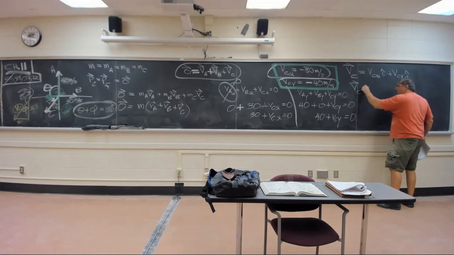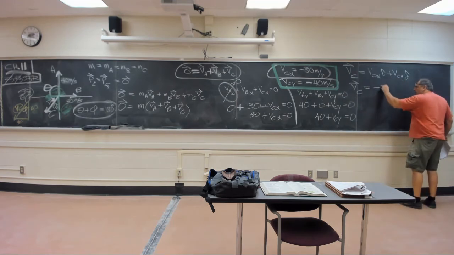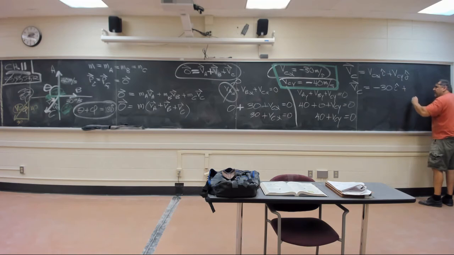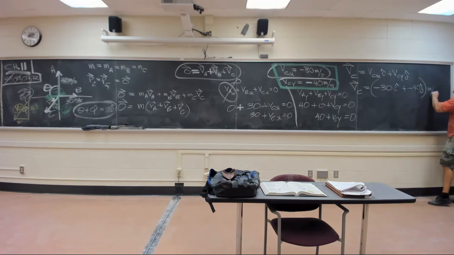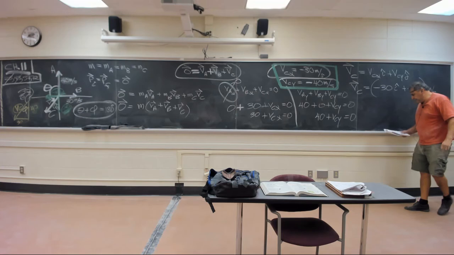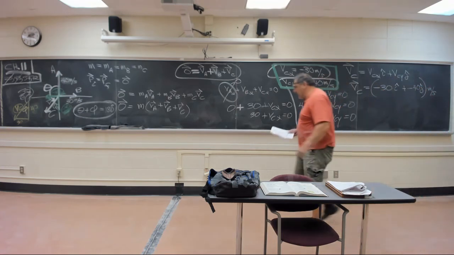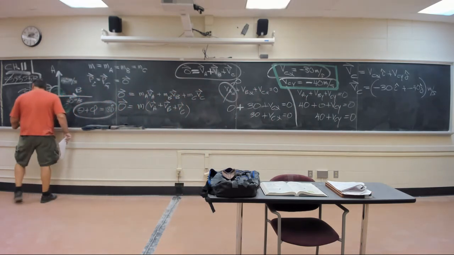The VC vector equals negative 30 i hat plus negative 40 j hat meters per second. And it's a 3, 4, 5 triangle. There's a lot going on there, guys.